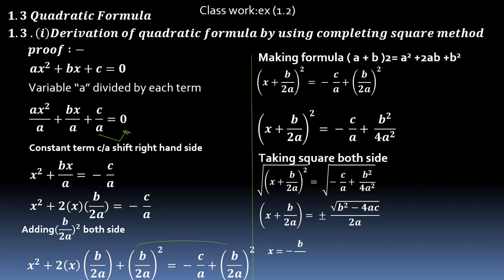Shifting x plus b upon 2a to the right hand side: minus b upon 2a plus minus root b squared minus 4ac upon 2a. Taking LCM, x is equal to minus b plus minus root b squared minus 4ac upon 2a.